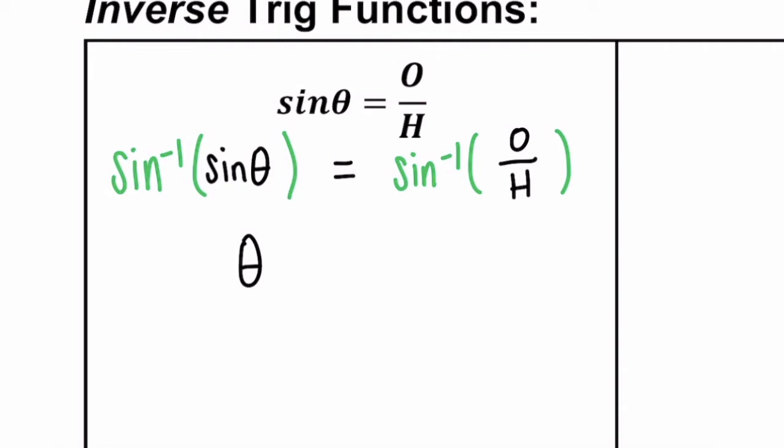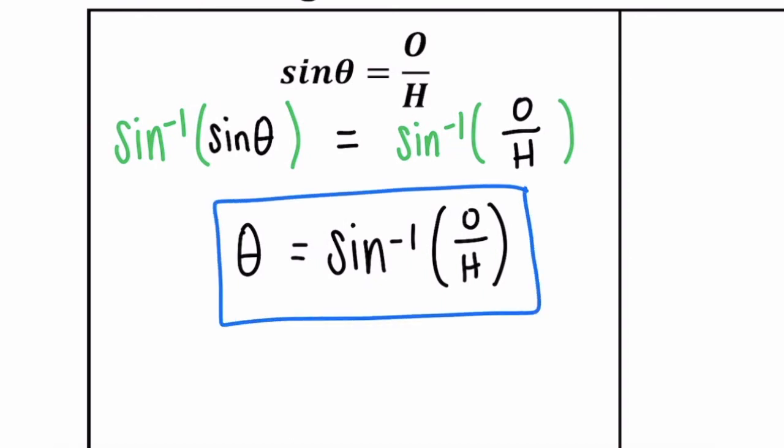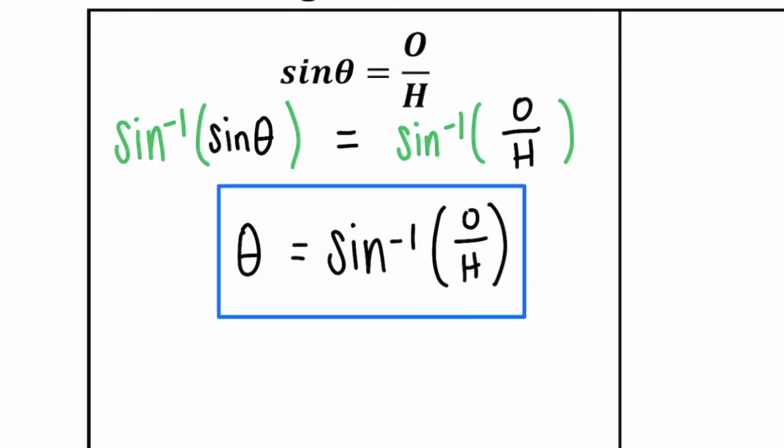Kind of like how addition will undo subtraction, division will undo or negate multiplication. It's the same idea. And on the other side, we just have the inverse sine of opposite over hypotenuse. And this is called an inverse trig function, or inverse sine.